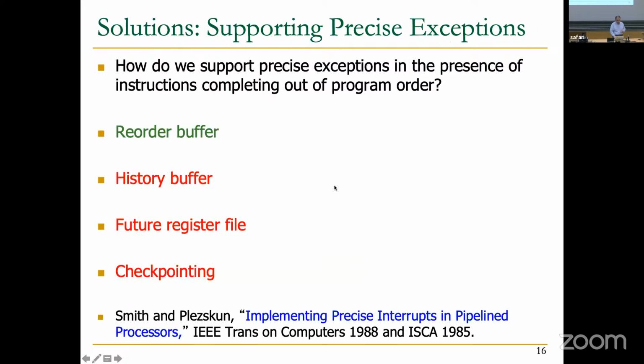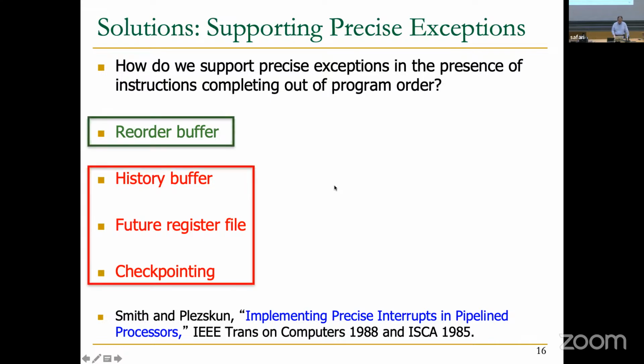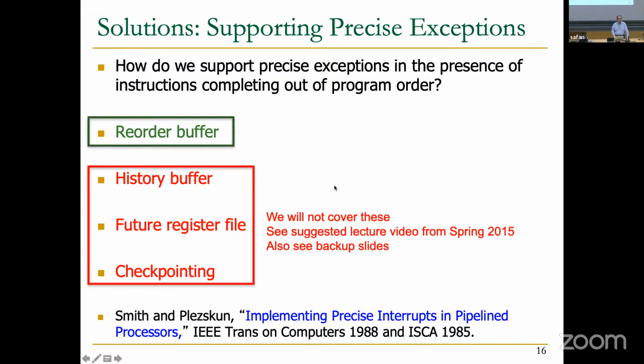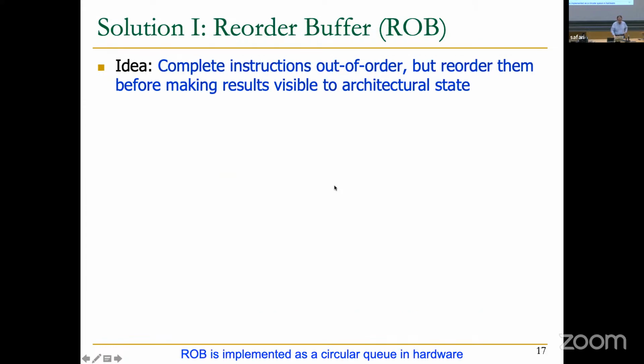The solution to this is providing a reorder buffer, which we're going to see today. There are also other solutions to this problem, like history buffer, future register file, and checkpointing, which we are not going to cover, but you can watch them in the past lectures if you're interested, and also in the reading listed on this slide. So, what is a reorder buffer?